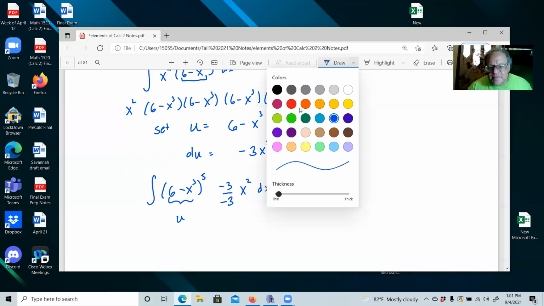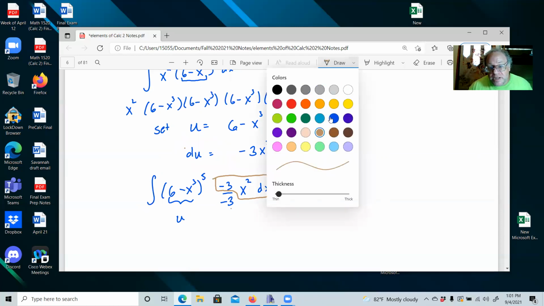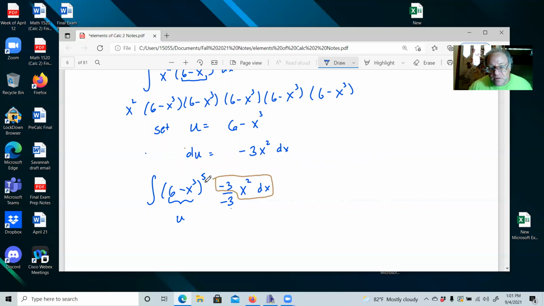If I group them together this way, here's a negative 3x squared. That's my du, isn't it? What do I do with this negative 3? Well, this shoots out in front, so we can push this out to the beginning of the integral.